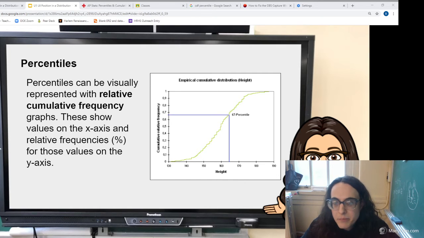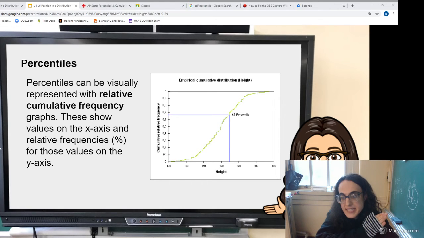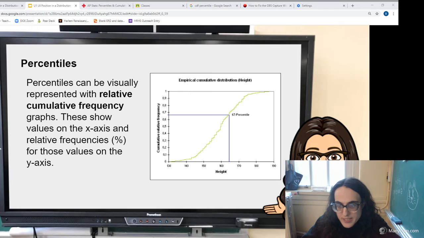So here in this example, we're using this example of the 67th percentile. And so we look at the y-axis and we go for 0.67. So this is telling us this is the value where 67% of the distribution is below you. That's why as we go from left to right, the graph is always more or less going up, because more and more of our distribution will be swept up in this. So say for instance, at 140 pounds, you're not even heavier than 5%.